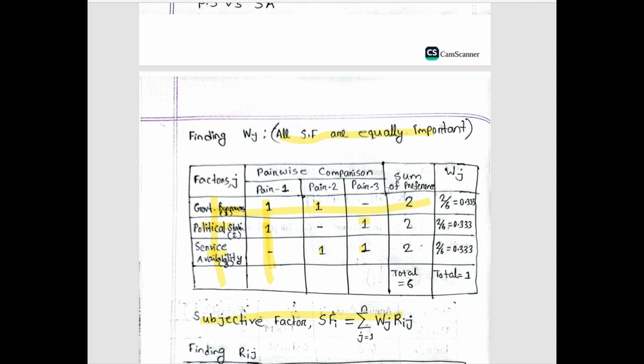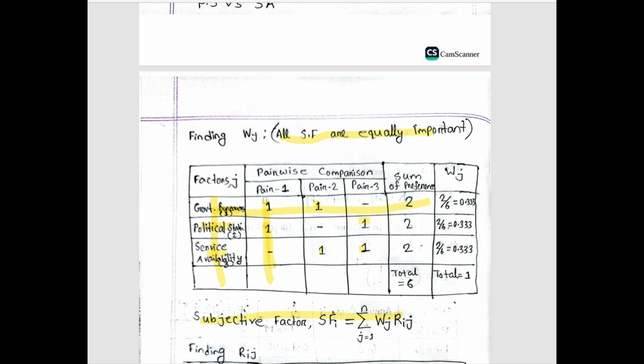Since all the subject factors were equally important, we found the same weight factor value for each of the subject factors. That means government bureaucracy has 33% influence for taking decision. Same for political stability and service availability.